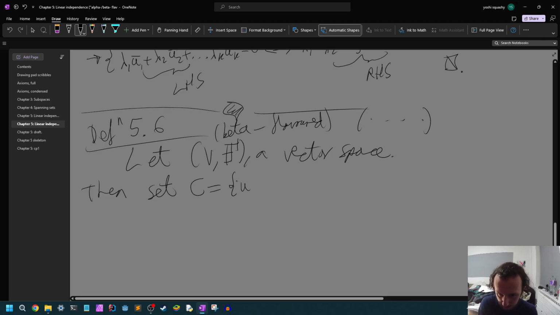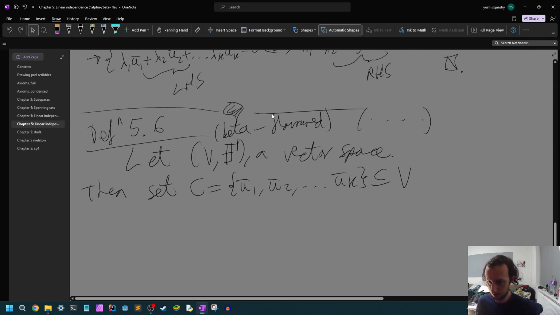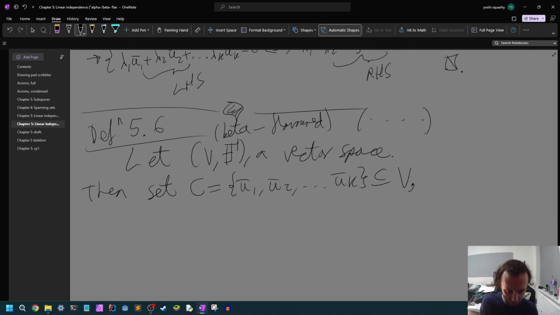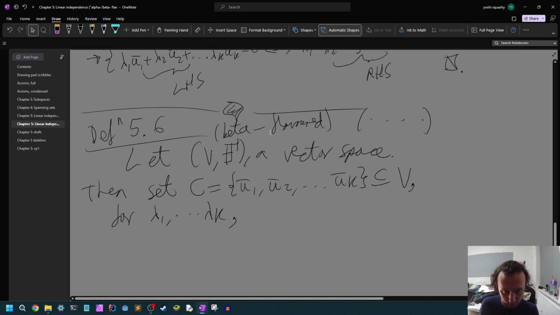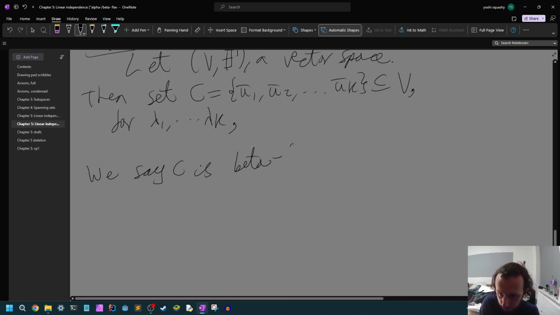Let C equal u1, u2 up to uk, a subset of V. It's a bit weird to word it so that we can make it as concise as possible. For lambda 1 up to lambda k, we say C is beta flavoured, brackets, linearly dependent.